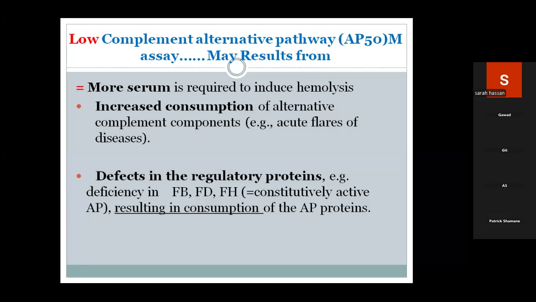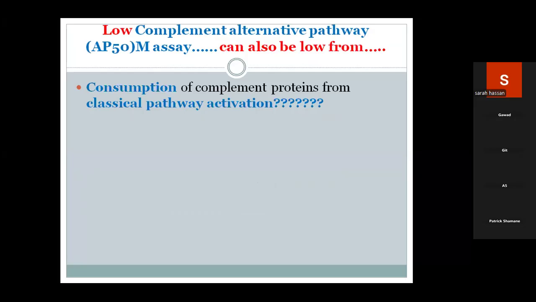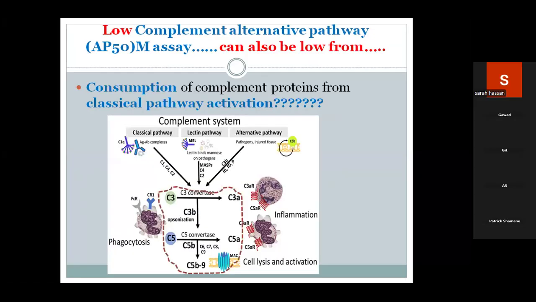Consumption of the complement proteins from a classic pathway activation, which means antigen antibody complex, will end up in the common complement pathway activity, which is the C3. So we could have an immune complex mediated disorder such as post-infectious GN.